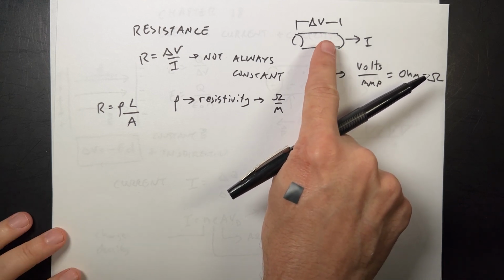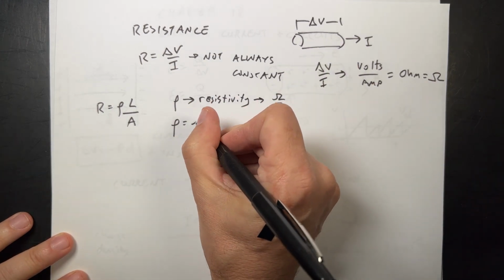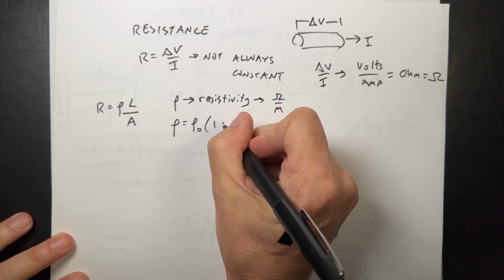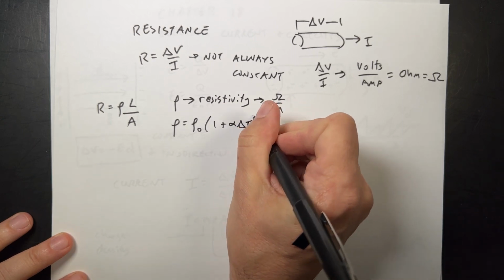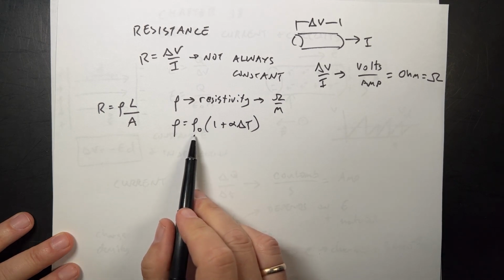One of the most common ones is change in temperature. And so we can write this, rho equals rho 0 times 1 plus alpha delta T. This is the change in resistivity as a function of temperature.